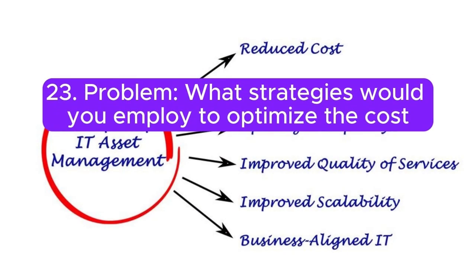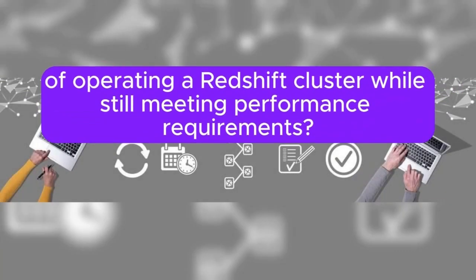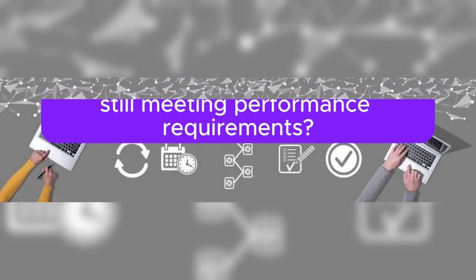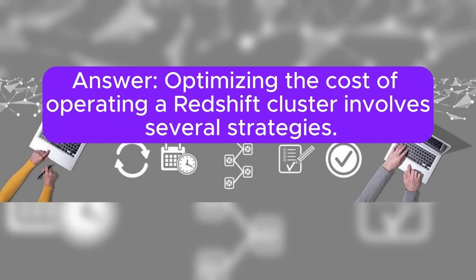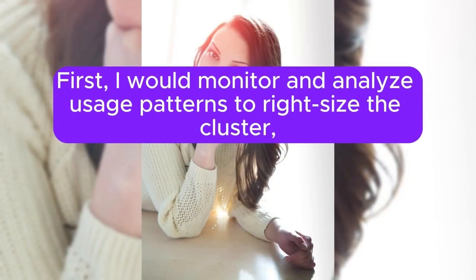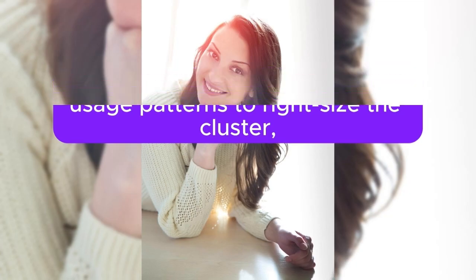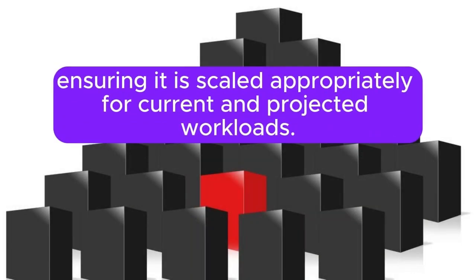23. Problem. What strategies would you employ to optimize the cost of operating a Redshift cluster while still meeting performance requirements? Answer. Optimizing the cost of operating a Redshift cluster involves several strategies. First, I would monitor and analyze usage patterns to right-size the cluster, ensuring it is scaled appropriately for current and projected workloads.